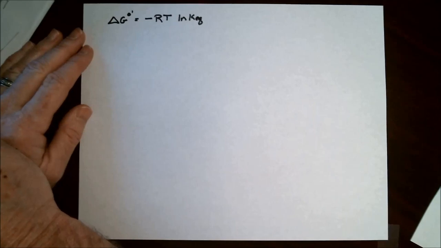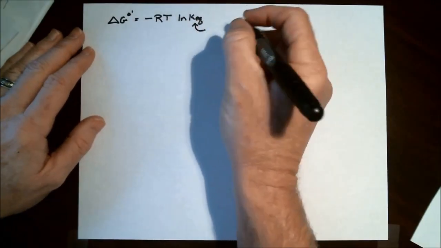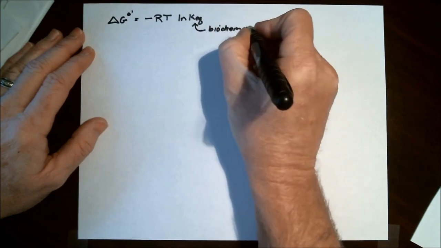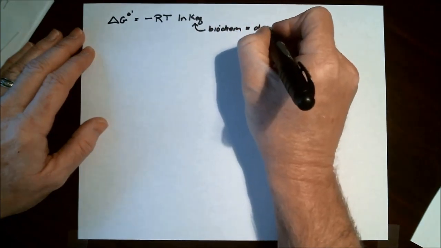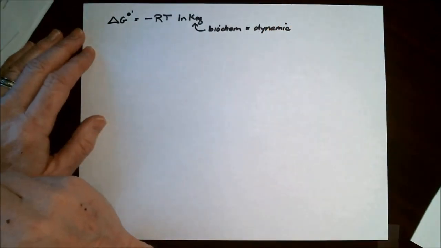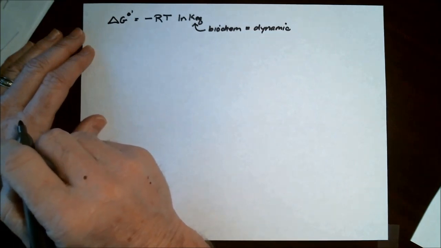This is a very useful term because this is the inherent free energy change of any chemical reaction that we can measure. Now, in biochemistry, the problem is that biochemistry is very dynamic. And what that means is that we will seldom reach equilibrium in any reaction.